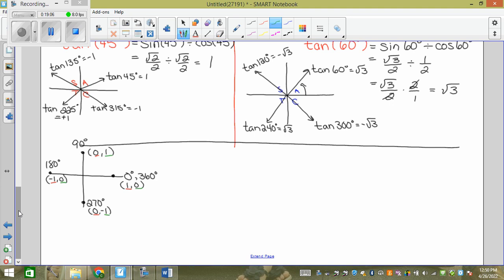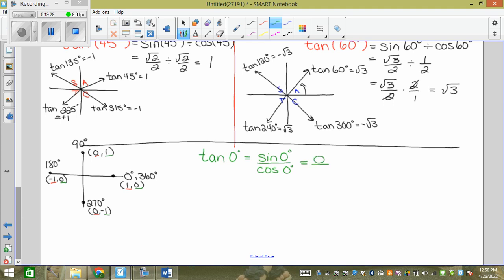If I do tan, though, say I do tan of 0 degrees. Well, it's going to be sine of 0 divided by cos of 0. Why am I writing these on top of each other, but the other ones I wrote side by side? Because they're not a fraction. Mind blown. So sine of 0 is what? 0.